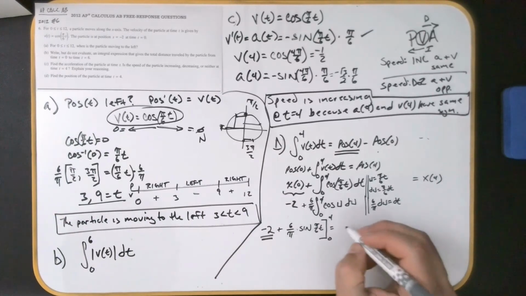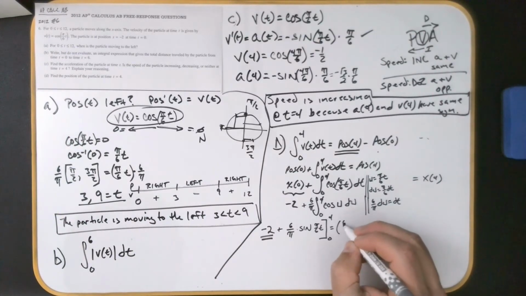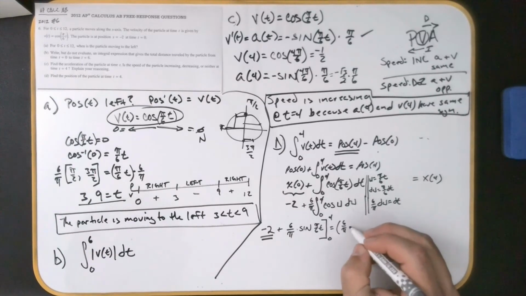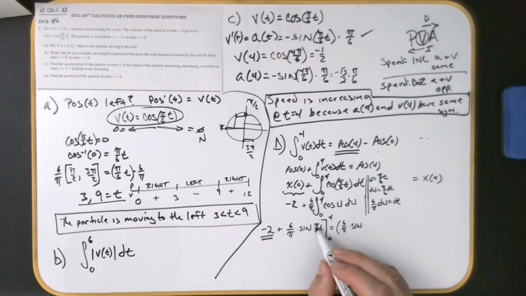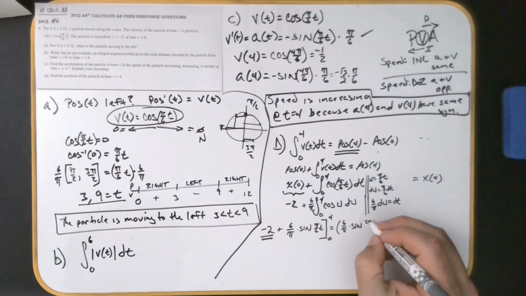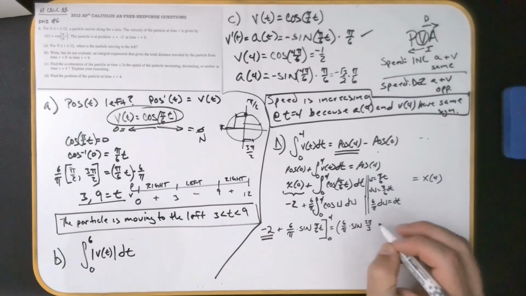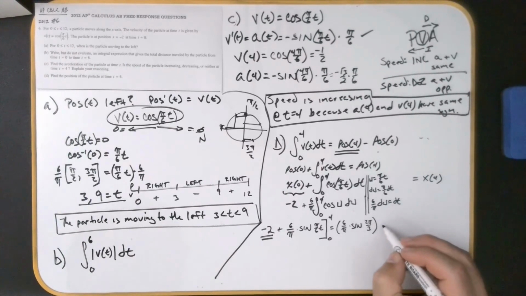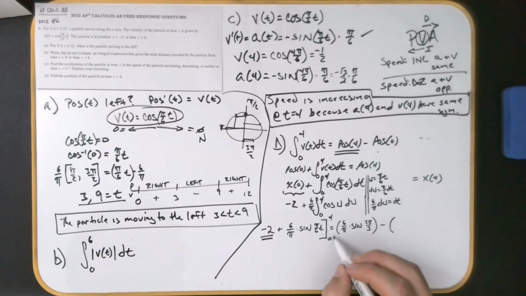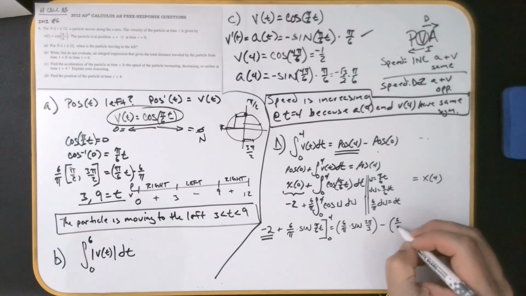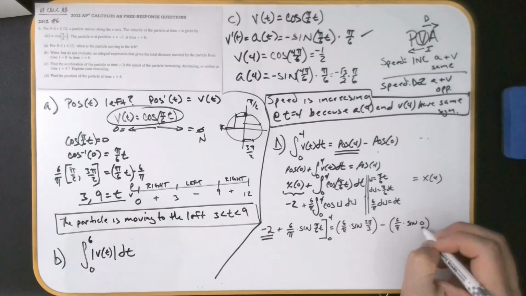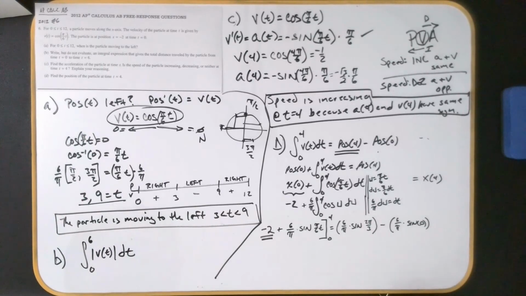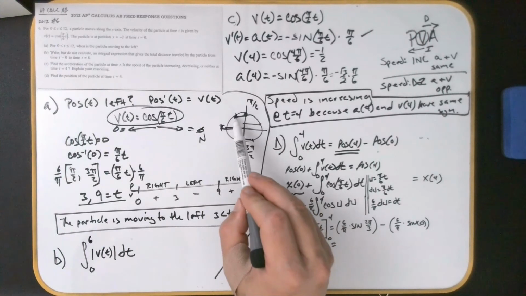So I'm going to put 4 into here, and so the first part is equal to 6 over pi times the sine of putting 4 in there is 4 pi over 6, which is actually 2 pi thirds. We're going to evaluate that, and then we're going to subtract from it. Let's put in 0. So that's going to be 6 over pi times the sine of 0. And simplifying down here, the sine of 2 pi thirds, we'd had that value earlier.